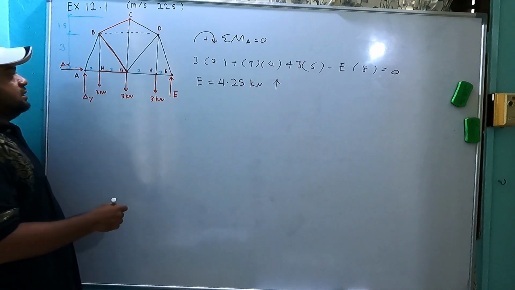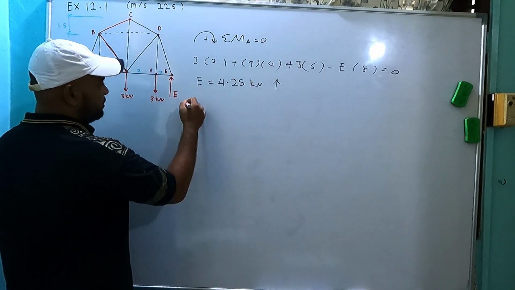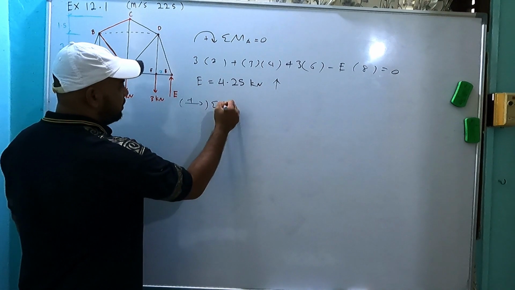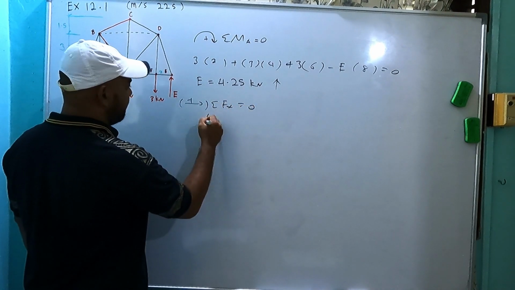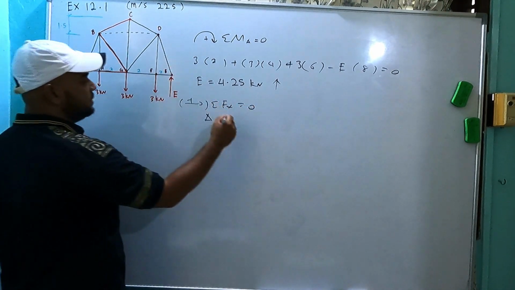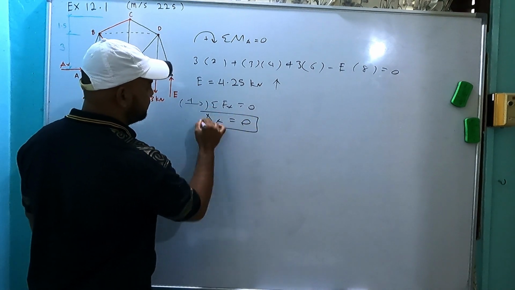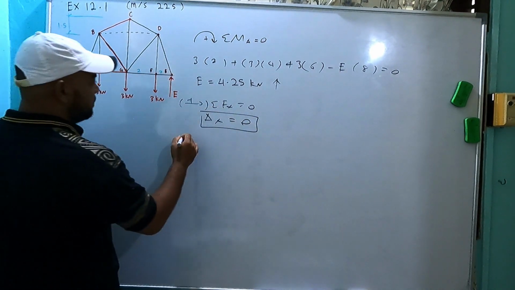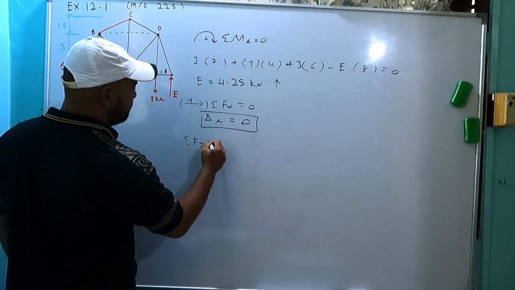And then we can go to sigma Fx equal to 0. We have AX, no other force in the X direction, so AX equal to 0. We go to Y, sigma Fy equal to 0.